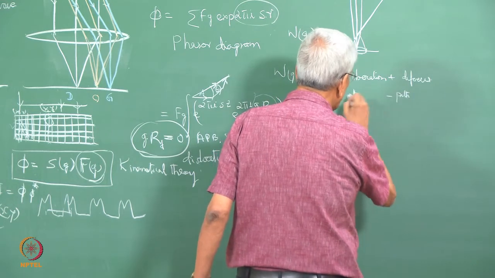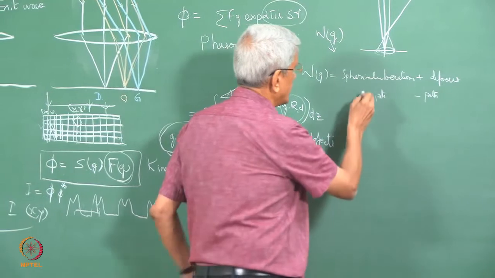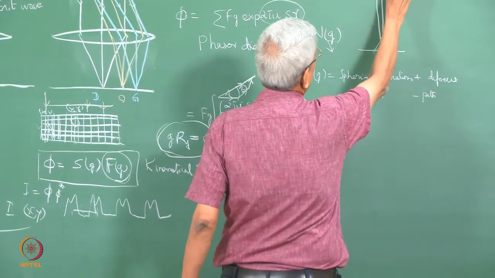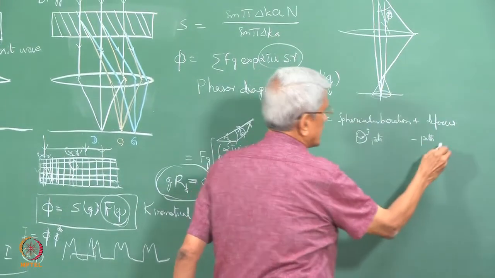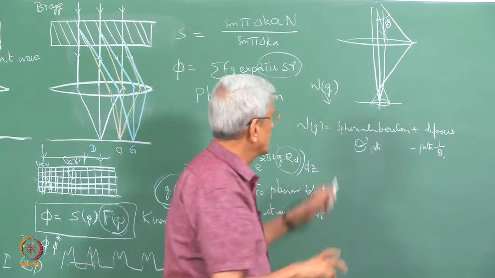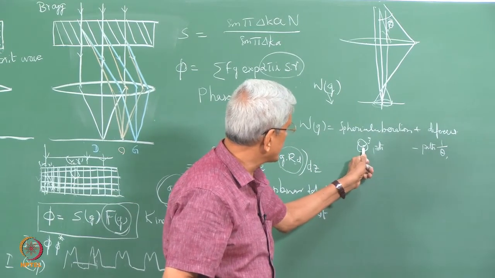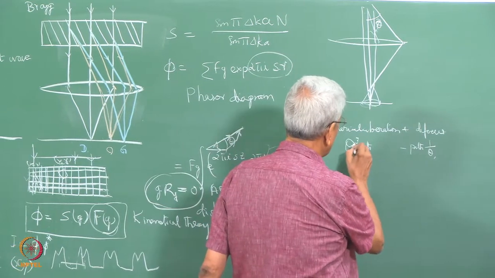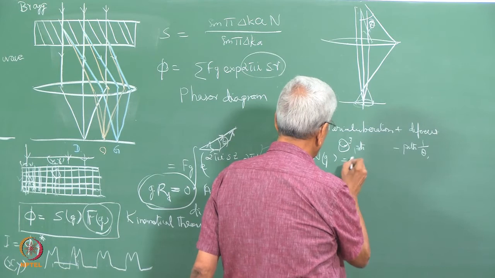The only difference is that while spherical aberration depends upon theta to the power of 3, with theta being the angle which the beam makes, the defocus term depends on 1 by theta, because of which for all angles they will not match exactly. For some specific value of the angle theta, this Wg can be made 0.